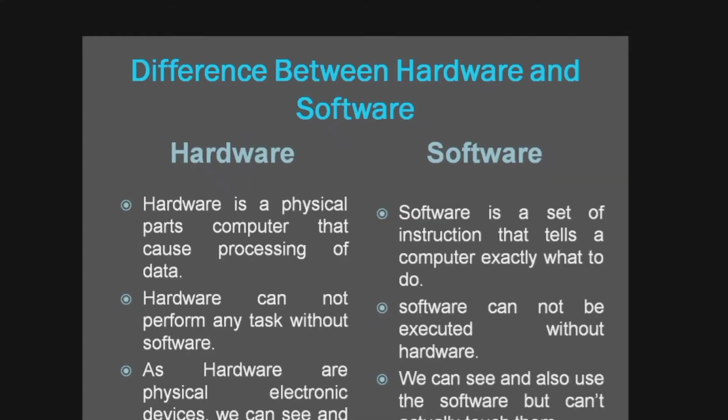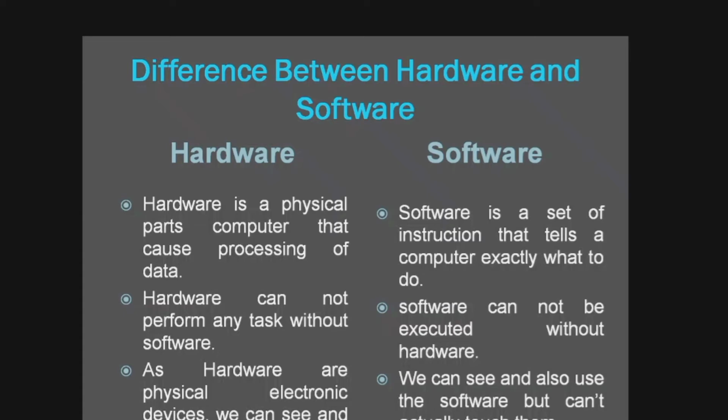Here are some differences between computer hardware and computer software. First, hardware is a physical part of the computer that causes the processing of data. Basically, the hardware part allows the computer to process, whereas software is a set of instructions that tells a computer exactly what to do.